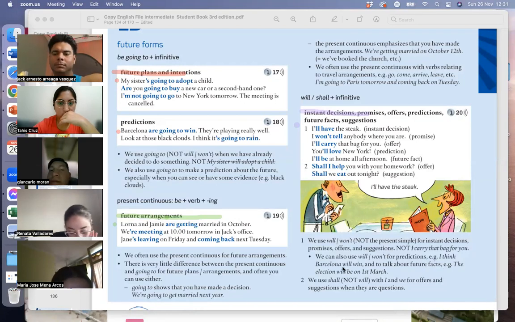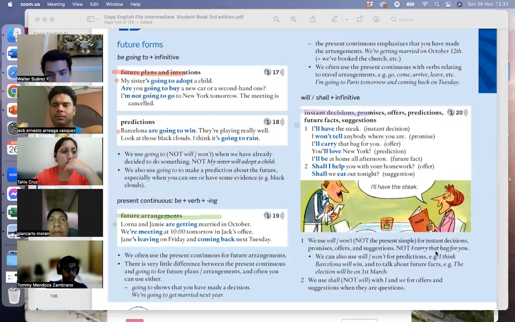Example, I think Barcelona will win, and to talk about future facts. Example, the election will be on the 1st of March. And 2, we usually use shall with I or we for offers and suggestions in a question.